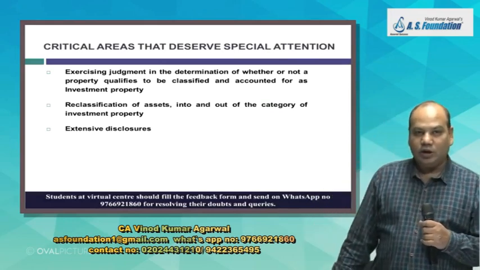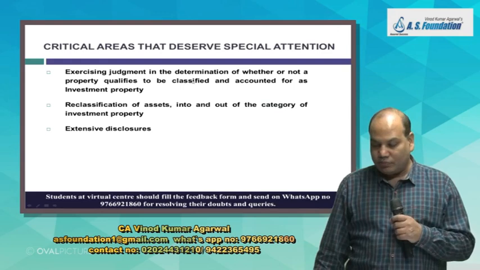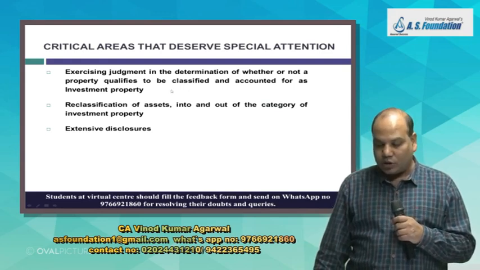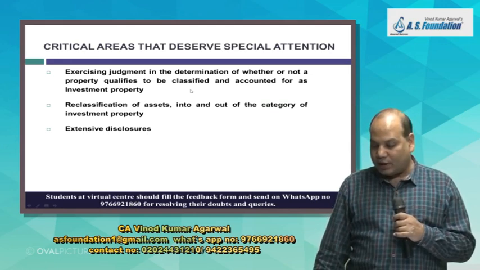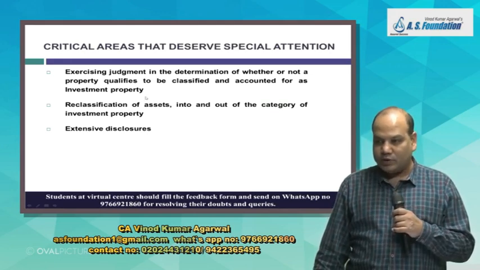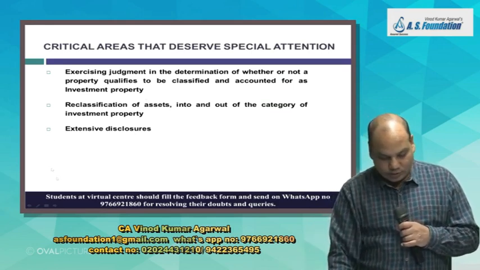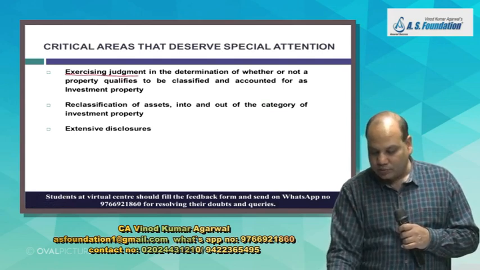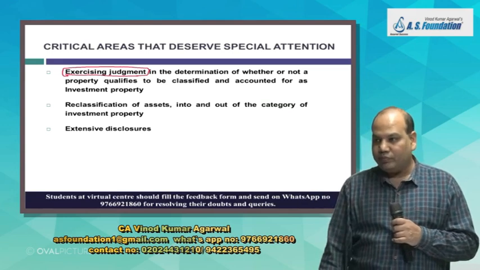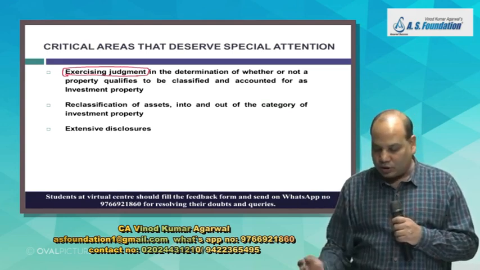What are the important areas that we are going to pay special attention to? Exercising judgment in determination of whether or not a property qualifies to be classified and accounted for as investment property. So first few minutes, 1 and 2 pages almost, we are going to discuss whether a given property can be classified as investment property or not. Okay, so keep thinking.